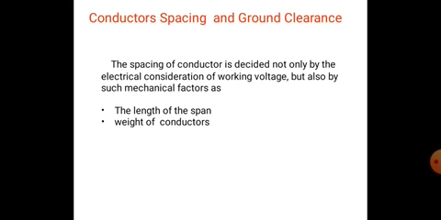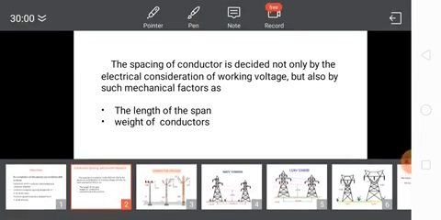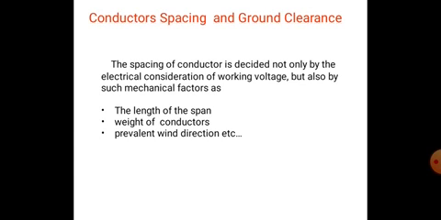The conductor spacing is decided not only by the electrical consideration of working voltage but also by mechanical factors such as length of the span, weight of the conductors, and prevalent wind direction.